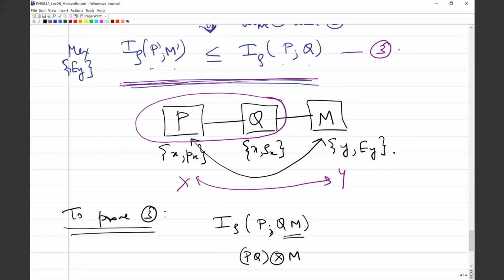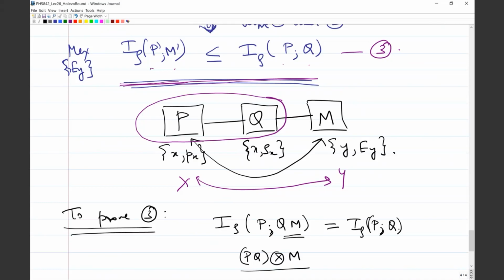M was in a product state with respect to P and Q. So just based on this, I'm going to say that whatever quantum correlation there was between P and Q is the same as the quantum correlation between P and QM. So whether I put the M there or not, it doesn't matter, because M is in a fixed pure state, and it's in a product state with respect to P and Q. So is this first step clear?